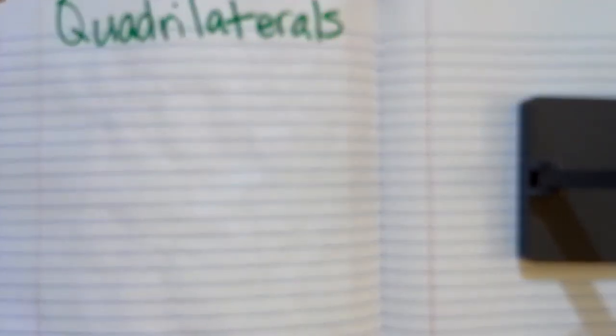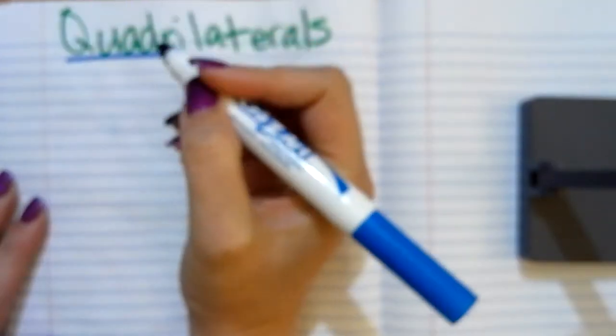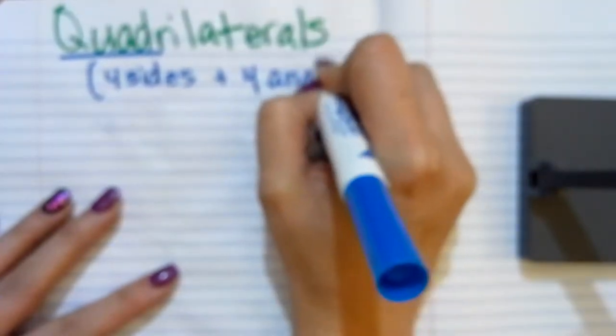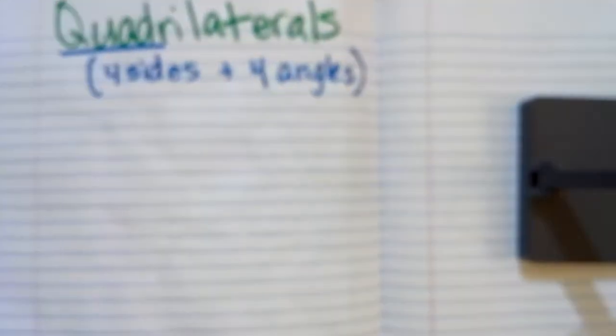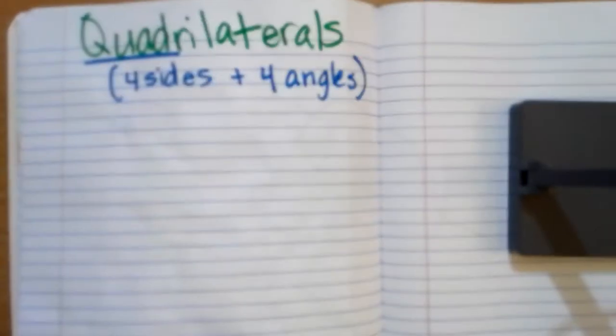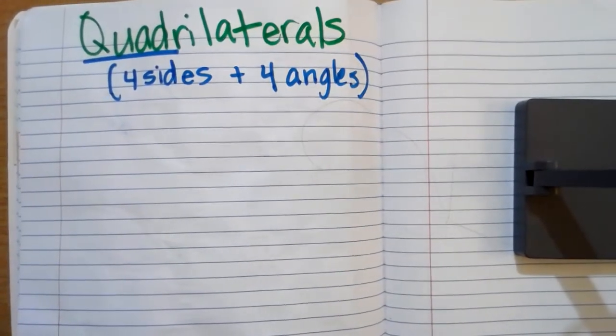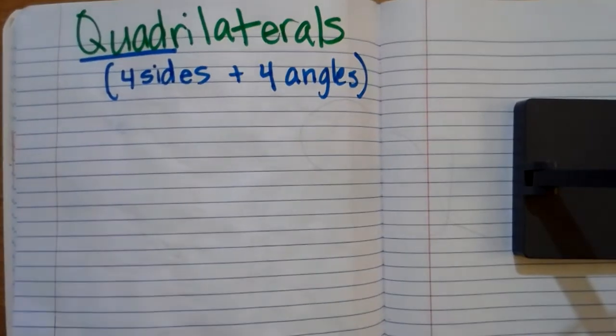I want you to know that quad means 4. So a quadrilateral must have 4 sides plus 4 angles. So to be a quadrilateral, you have 4 sides and 4 angles. Okay?